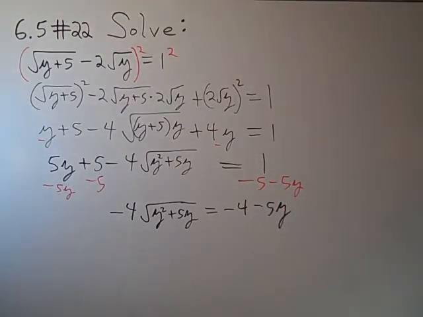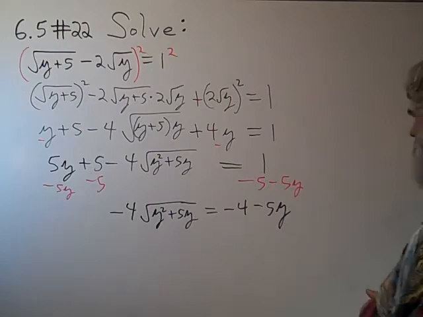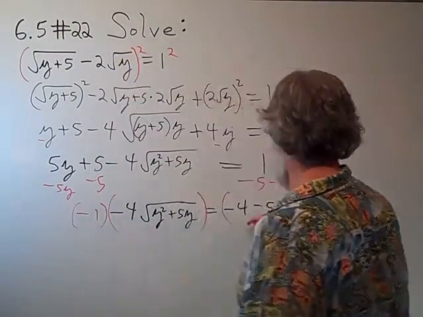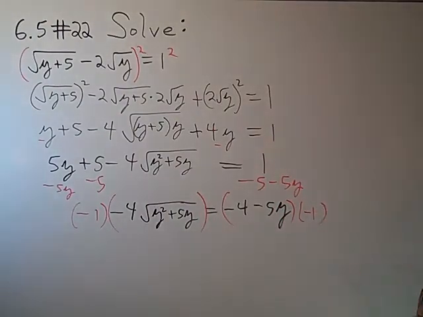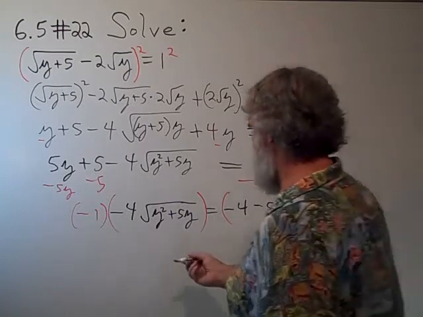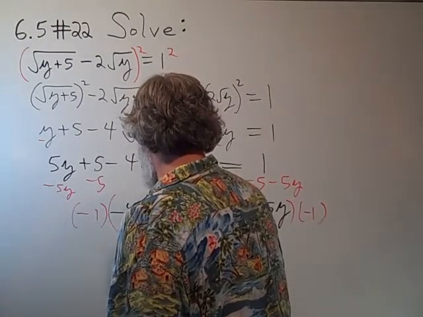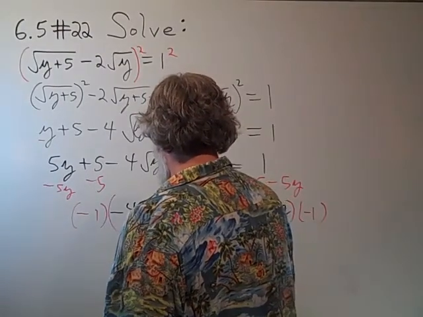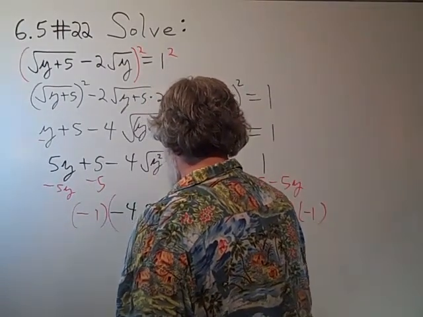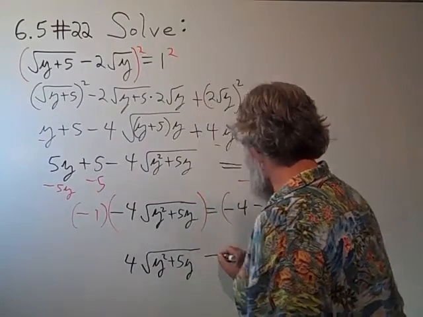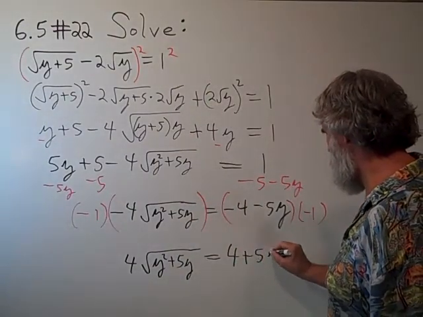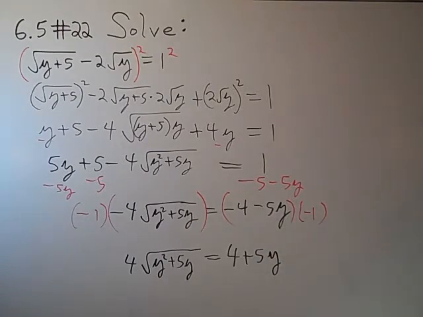And now, it's a little easier if I multiply both sides times minus 1 first, because then everything's positive. And we have 4 radical y squared plus 5y is equal to 4 plus 5y.